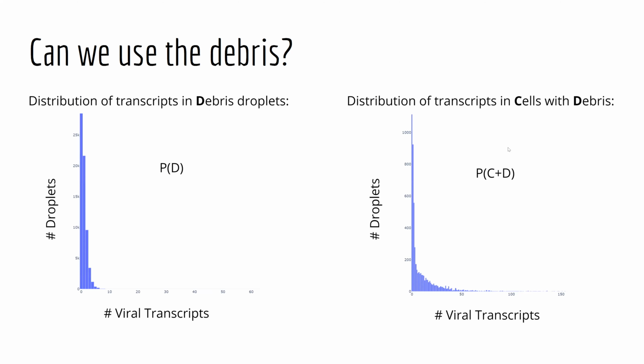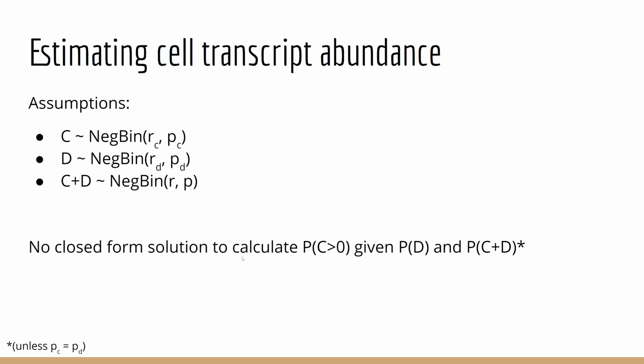So this would be the probability of the cells plus the debris. But what we want is the distribution for the probability of just transcripts in cells, or specifically the probability that a cell has greater than 0. Unfortunately, if we model these things as negative binomials, there's no closed form solution to calculate this probability C greater than 0 given the two distributions that we have.